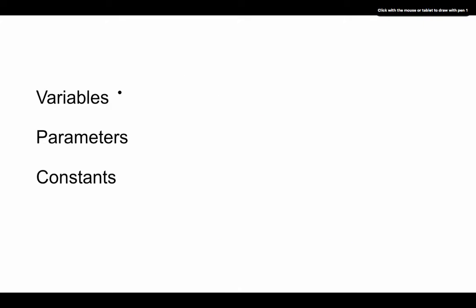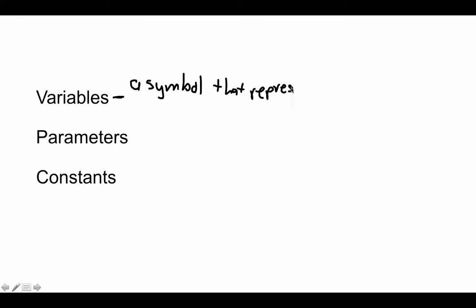And so then we decided to go over these different vocabulary words. All right, from now on, we're going to use variable to mean a symbol that represents a varying value.